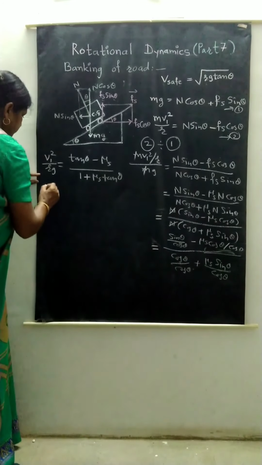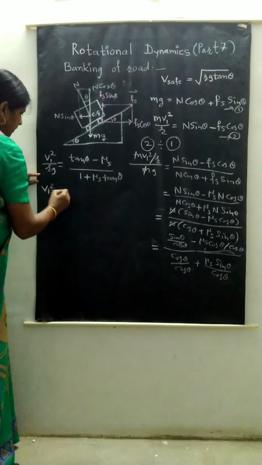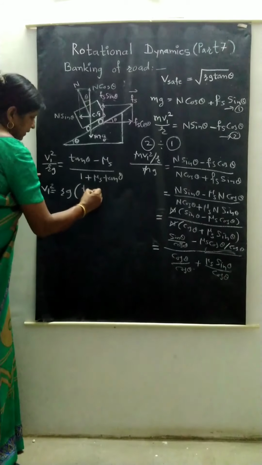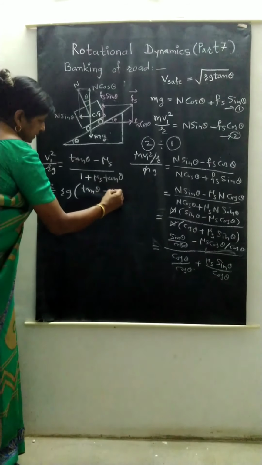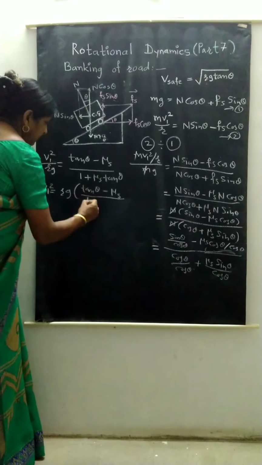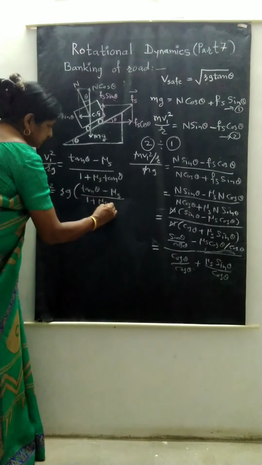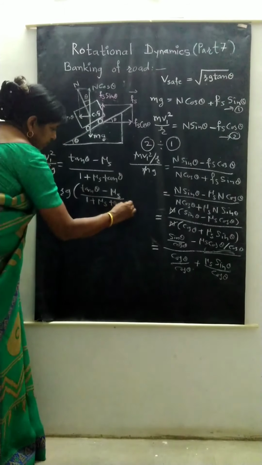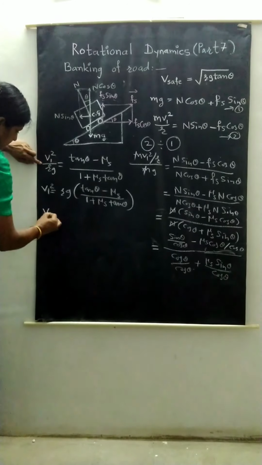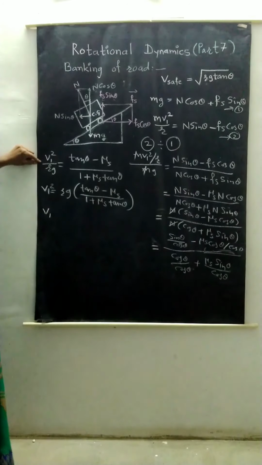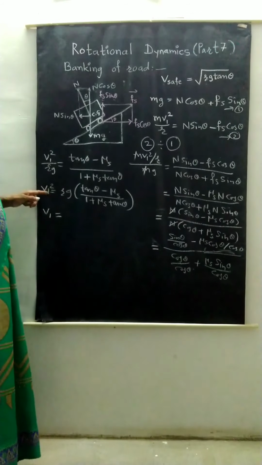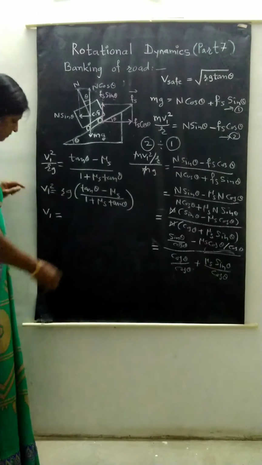Hence, V1 square will be equal to r g multiplied by tan theta minus mu s, divided by 1 plus mu s tan theta. Now in order to find out V1, that is the lower speed limit, let us write the square root of this equation.